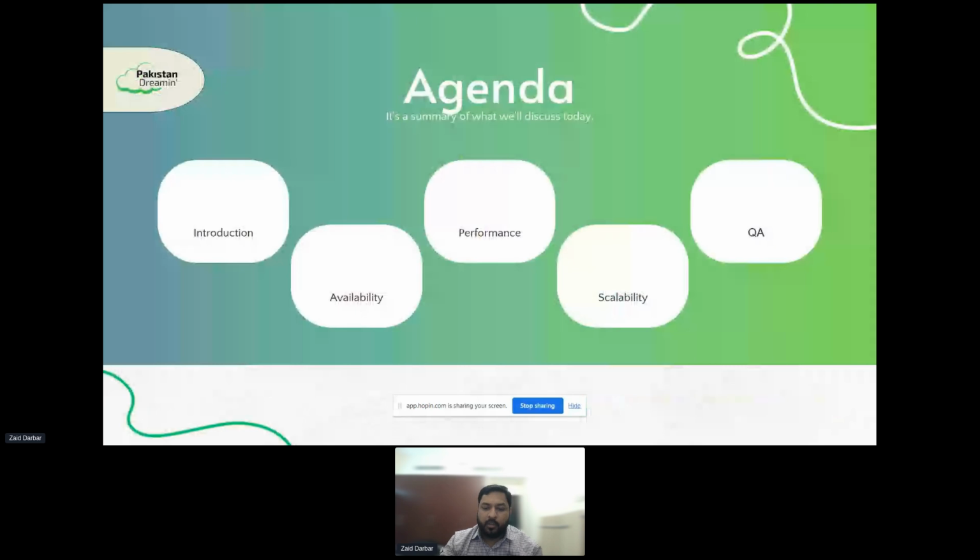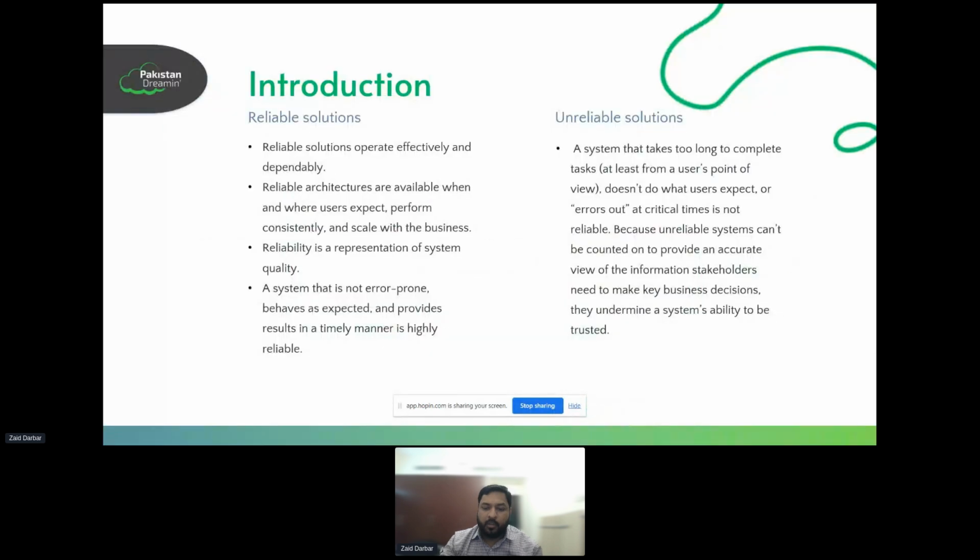So, first of all, an introduction about what a reliable solution is, and what an unreliable solution is. Think of it this way: if there is any social media app, Salesforce, or any such thing, and they are not reliable solutions, you will expect them to behave differently in different situations. But all of these solutions are reliable. The key aspects to make any solution reliable are that it should operate effectively.